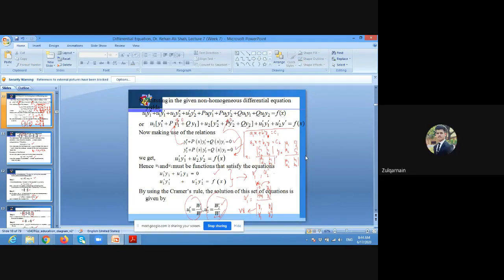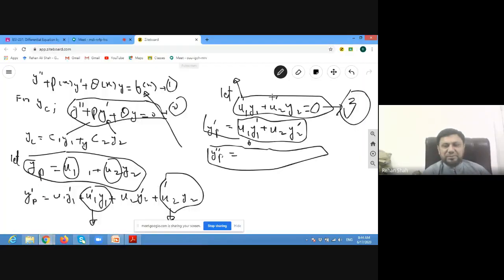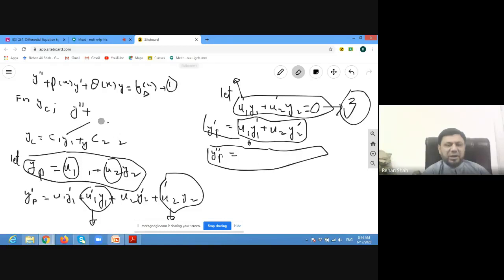If you have a system of equations, suppose this one, I'm writing it here. You will be able to use Cramer's rule to solve it.